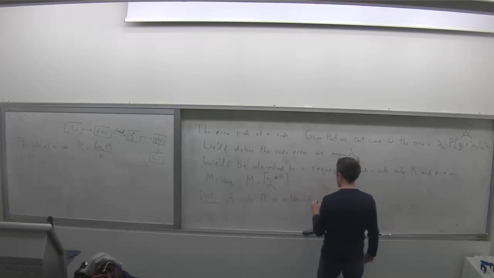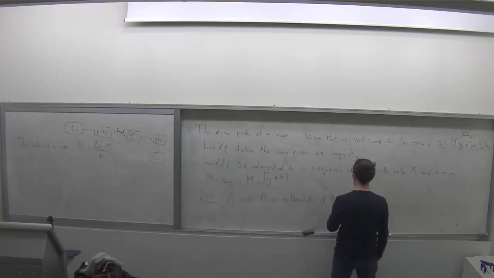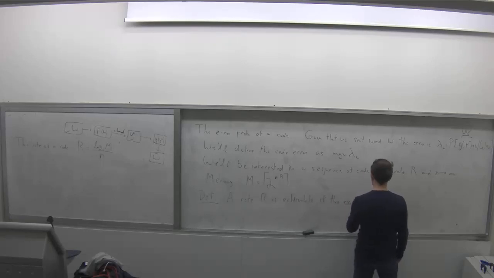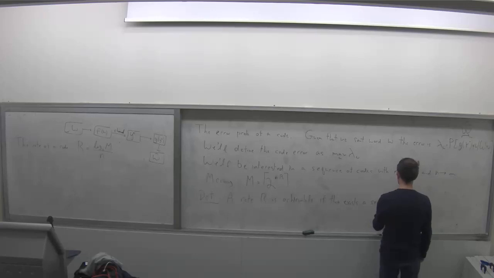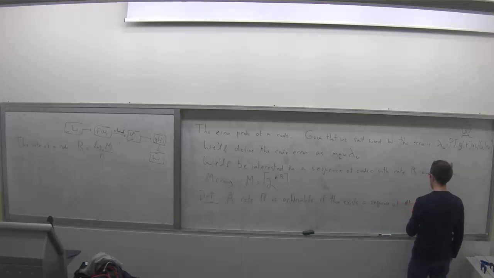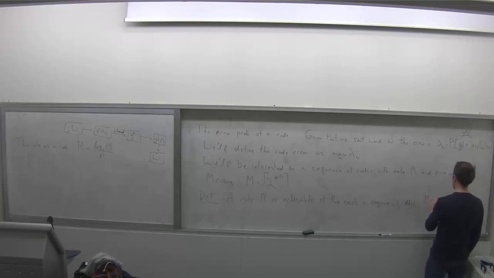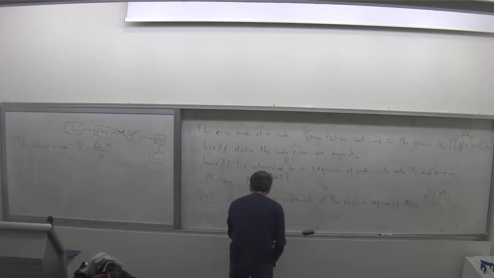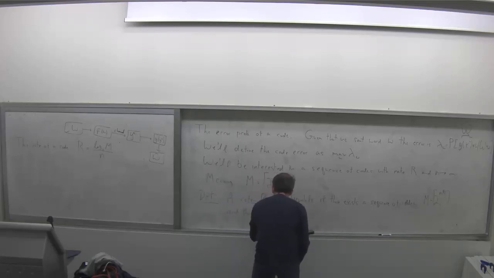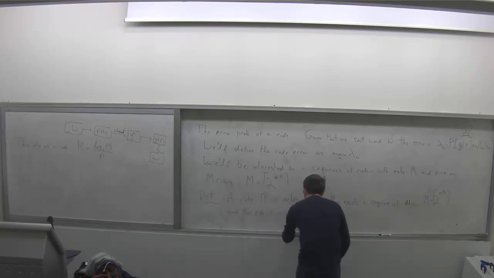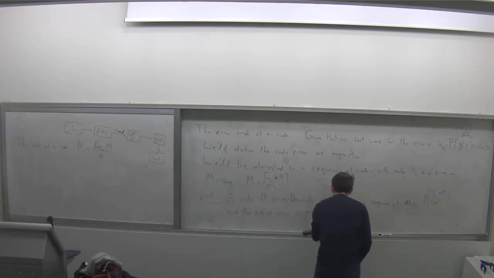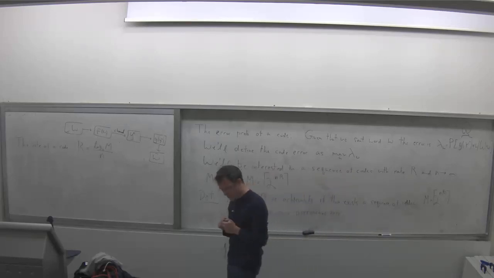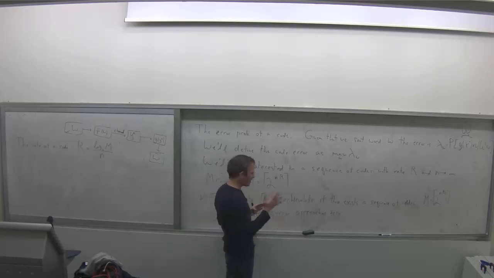We say rate R is achievable if there exists a sequence of codes with m equals 2 to the power of nR, and their probability of error approaches 0. Okay? So this is the goal.